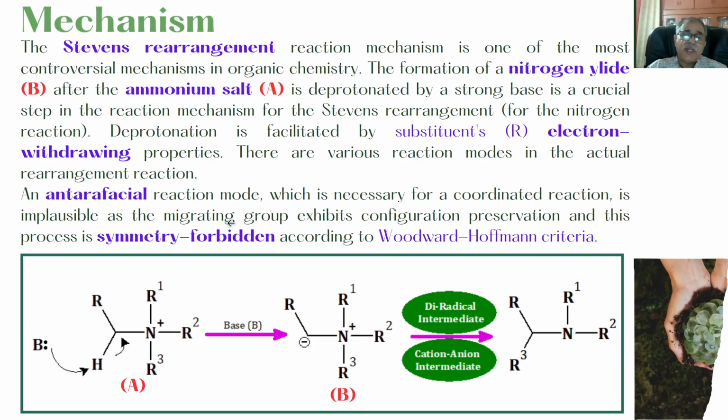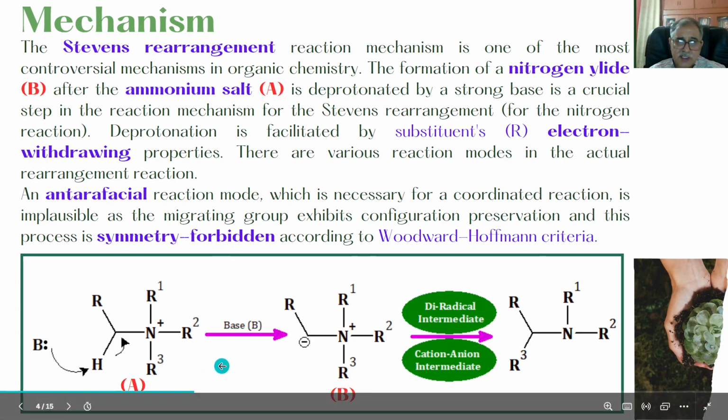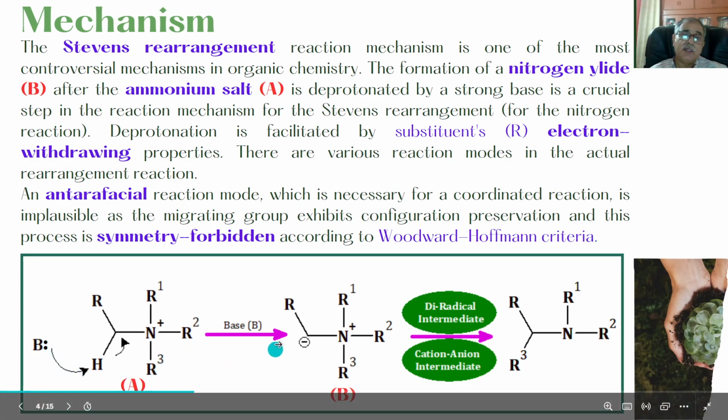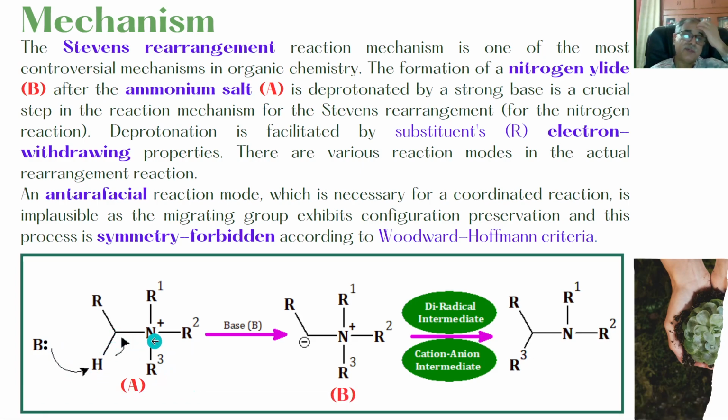Now, as far as the mechanism of this rearrangement is concerned, this is one of the most controversial mechanisms in organic chemistry. Basically, there are two types of mechanisms which have been proposed. We know that bases in the presence of quaternary ammonium salts will abstract the alpha proton present on the quaternary ammonium salts because of the inductive effect of this positively charged nitrogen.